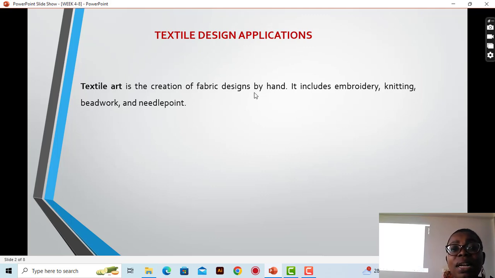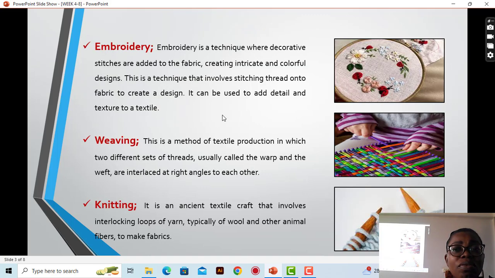All right, but this is an art, so this one is by hand. So it includes embroidery, knitting, beadwork, needlepoint, and more, but these are the ones we'll be concentrating on. So let's look at some of the textile design application. We have embroidery, weaving, and knitting.